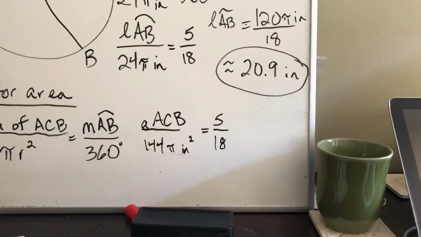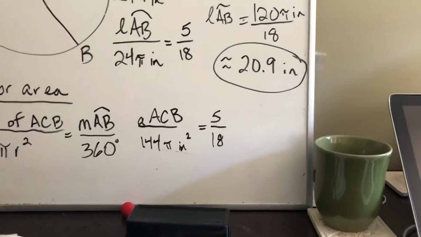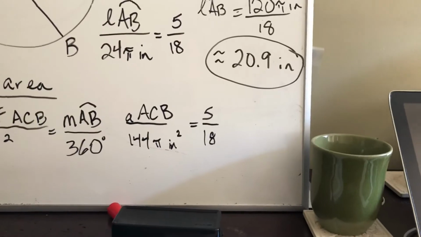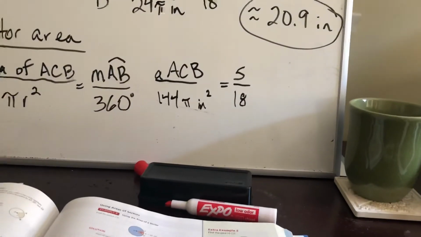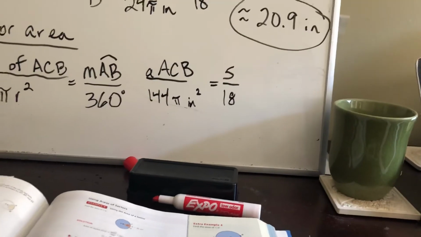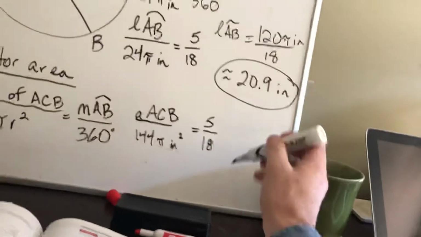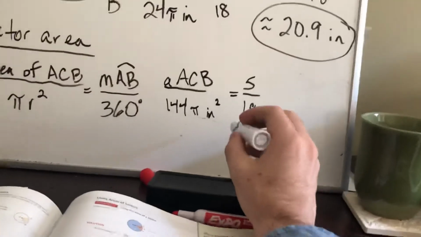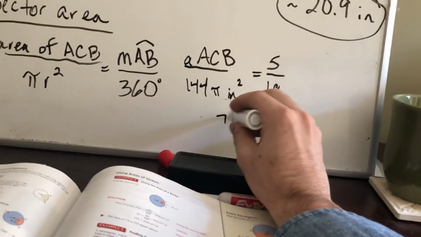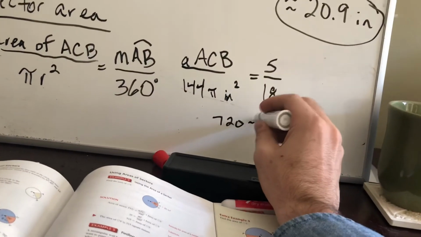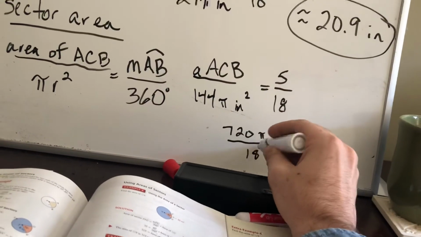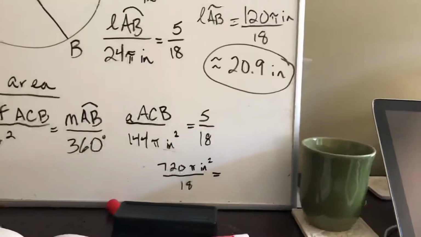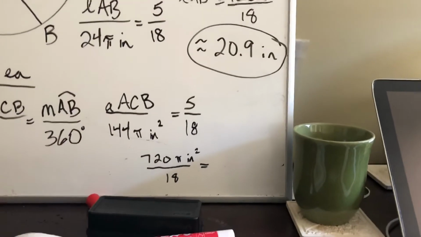I'm just running out of space here. So I would solve by multiplying 144 pi times 5. So to solve this, I'm going to say that 720 pi inches squared over 18 is going to give me my final answer, rounded to the nearest tenth.